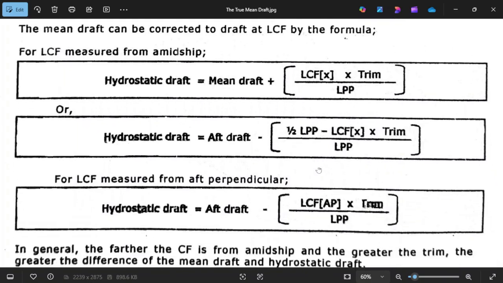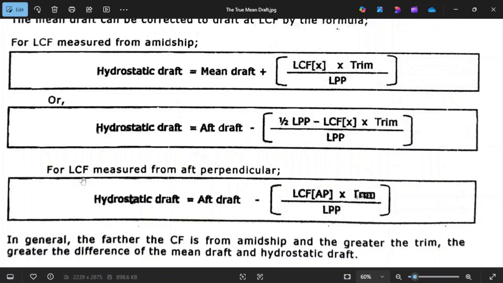Okay? For LCF measured from the aft perpendicular, hydrostatic drop equals aft drop minus LCF from the aft perpendicular times trim over LPP.